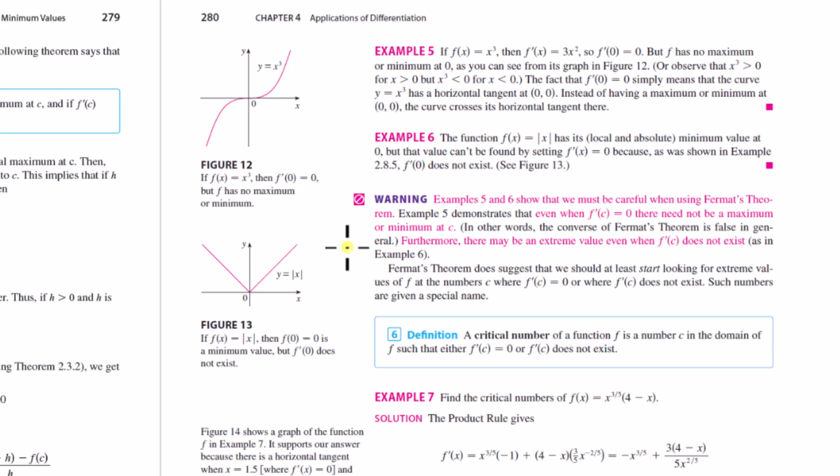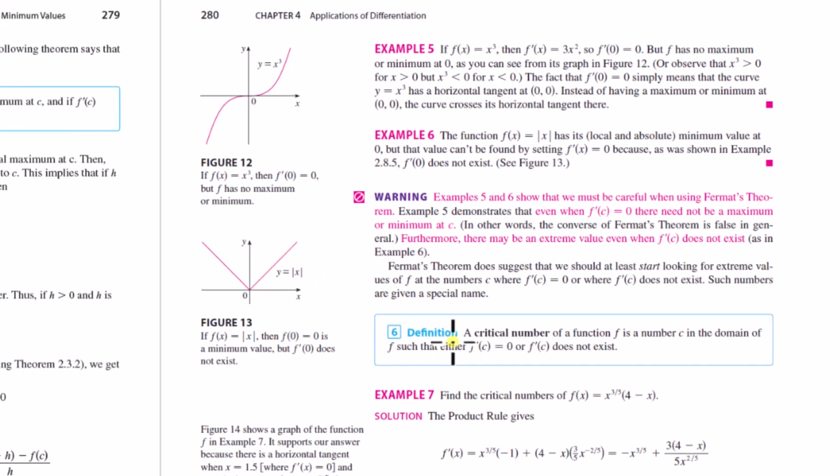We can see the derivative equals 0 without there being an extreme value, and there are points where the derivative doesn't exist and it's not an extreme value, like a vertical asymptote. But still, these are points where the derivative is equal to 0 or doesn't exist, and we want to know about them if we're trying to find extreme values. That's a starting point.